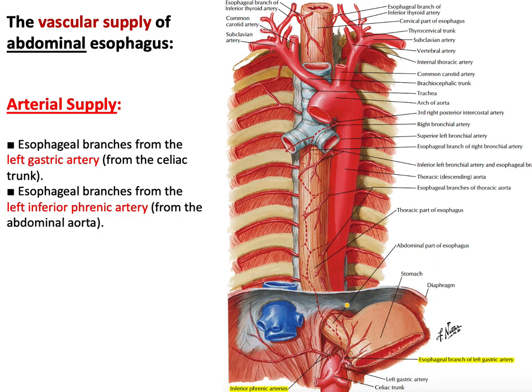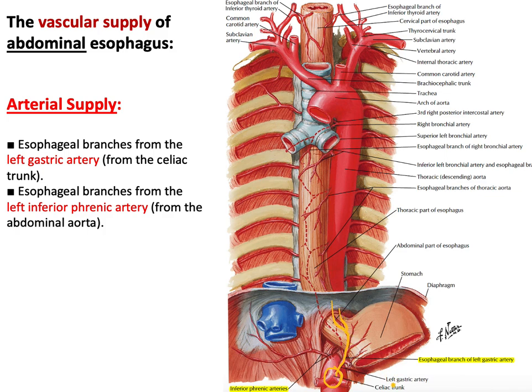So the vascular supply of the abdominal esophagus would be from the, you see, this is the celiac trunk, which is one of the anterior branches of the abdominal aorta, in which it gives the left gastric artery that gives an esophageal branch. We call it the esophageal branch of left gastric artery.